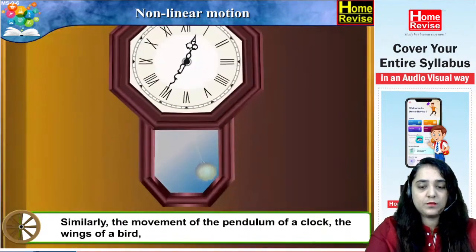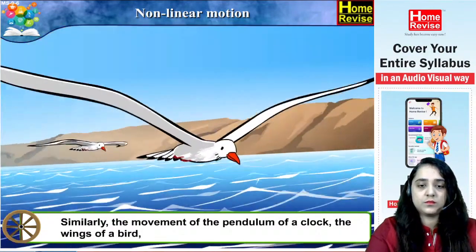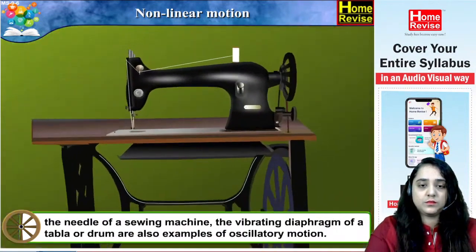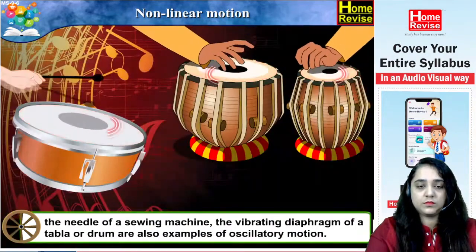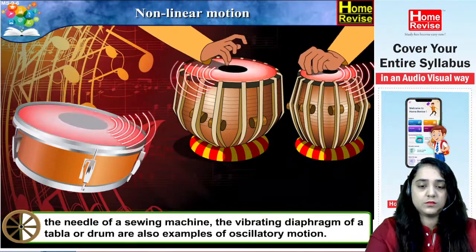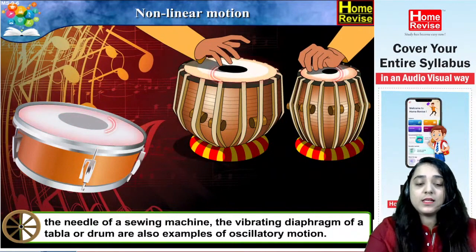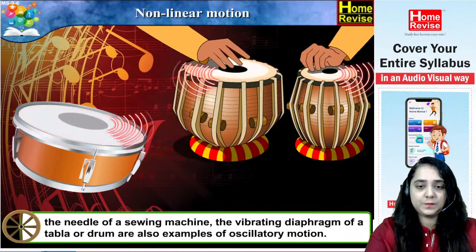Similarly, the movement of the pendulum of a clock, the wings of a bird, the needle of a sewing machine, the vibrating diaphragm of a tabla or drum are also examples of oscillatory motion. Yes, all these examples shown are examples of the oscillatory motion.